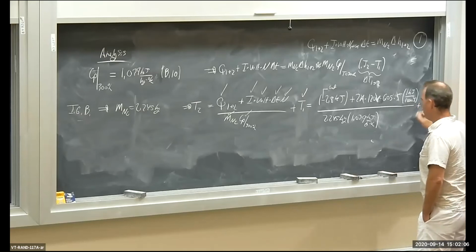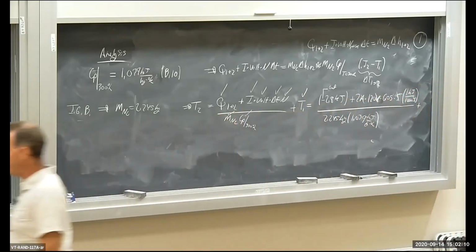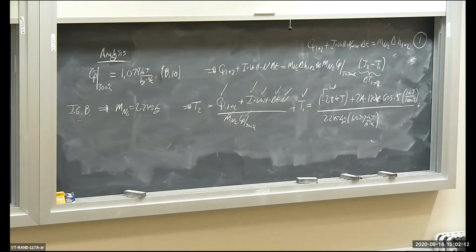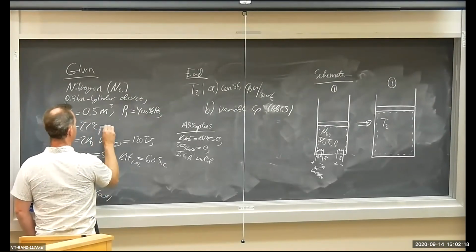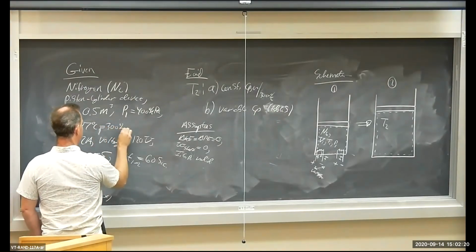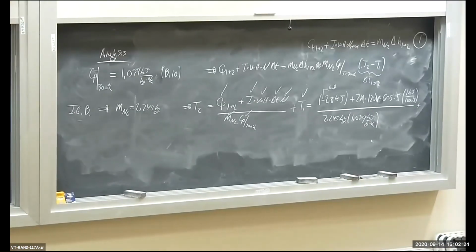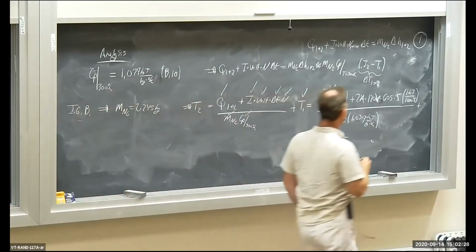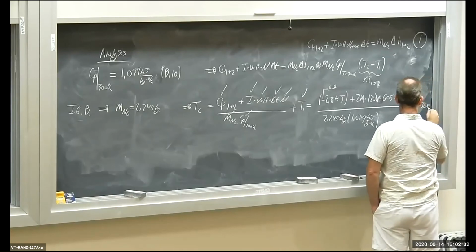And then, oh, I'm running out of room. T1 is 27 degrees C, or if you like, 300 degrees Kelvin. I guess I'll do the whole problem in Kelvin, okay? 300 degrees Kelvin.